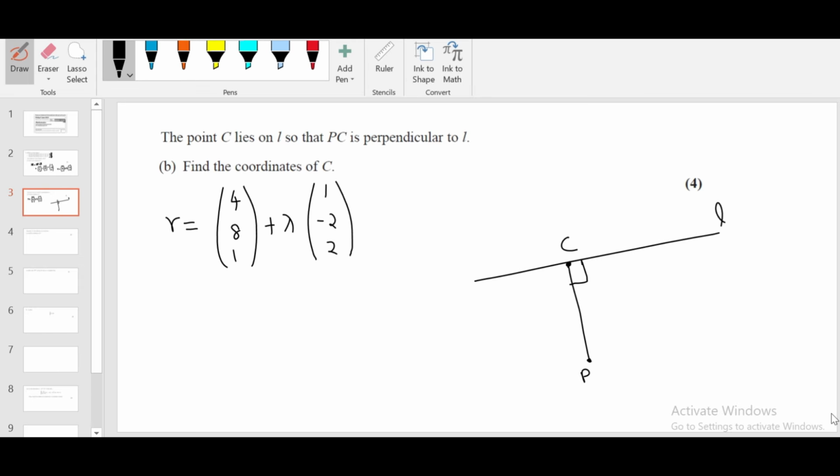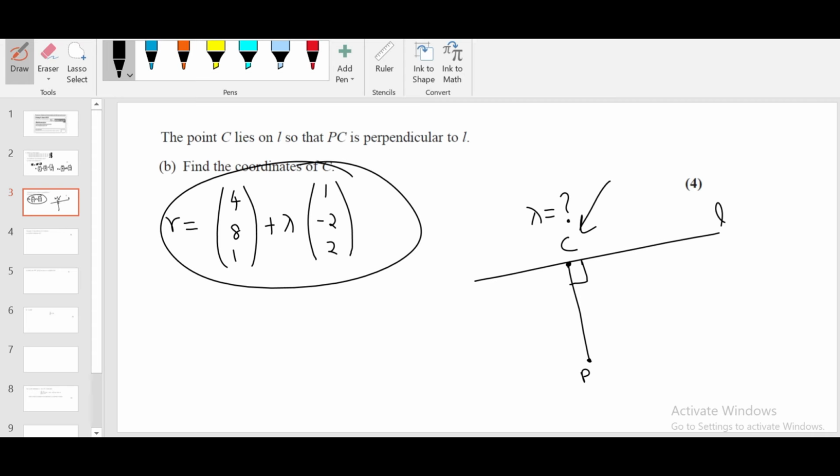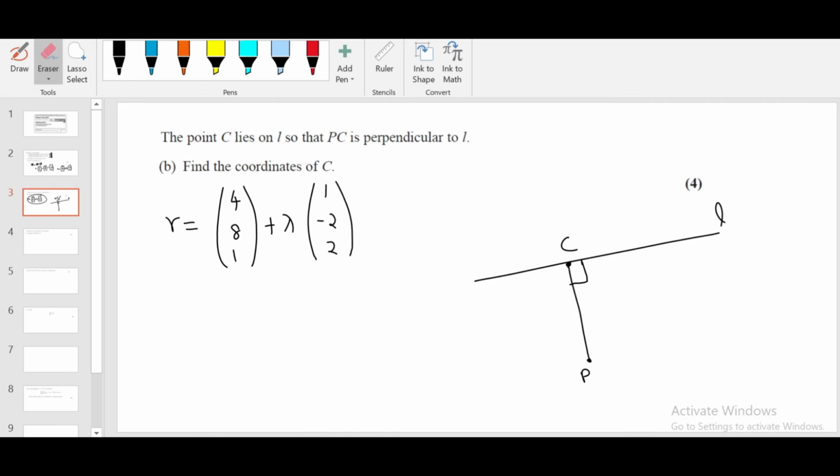If a point lies on a line with this vector equation, for every point there will be a value of lambda associated with it. But for this C, we don't know the value of lambda. Usually when you know the value of lambda, let's say for this C lambda is given as 1, you sub in here and you can find OC.